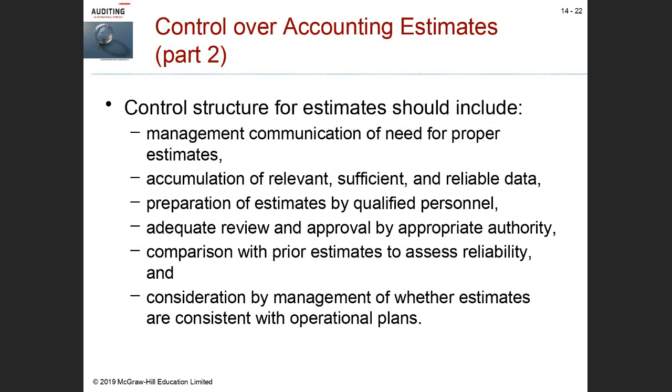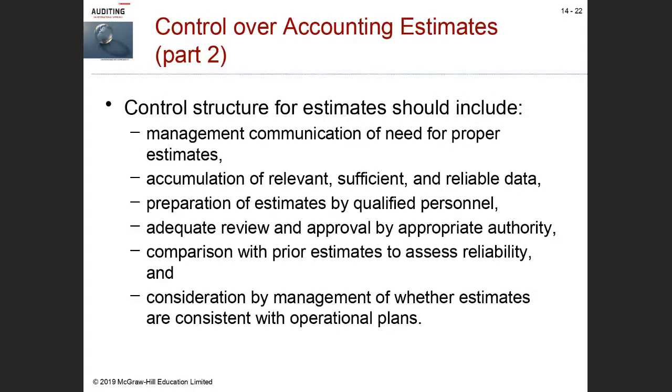And then also the next one, consideration by management, again, normally CEO, CFO, on whether the estimates are consistent with operational plans. So if we look at sales, our operational plans are to continue to ramp up sales. So if our sales rose 20% this year, what happened to our accrued warranty liability? Did it go up 20%? It probably should have.